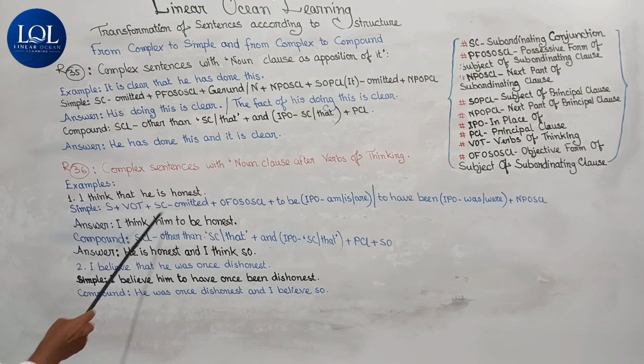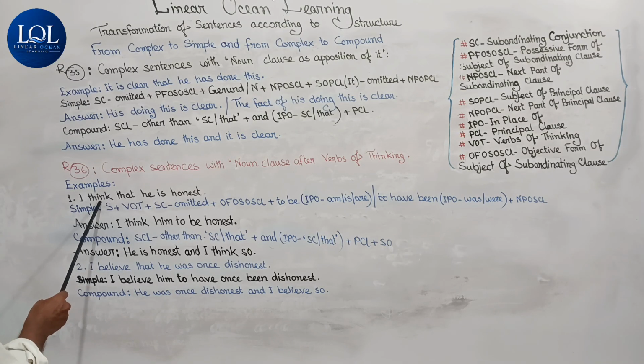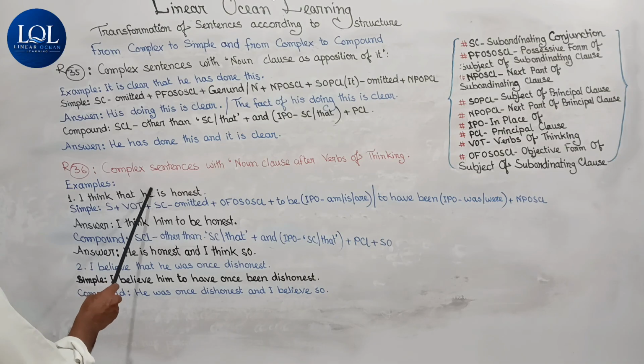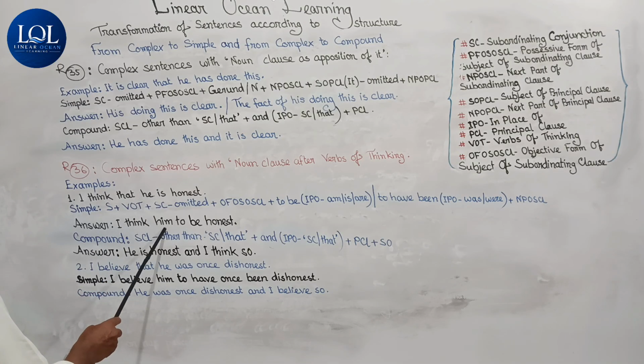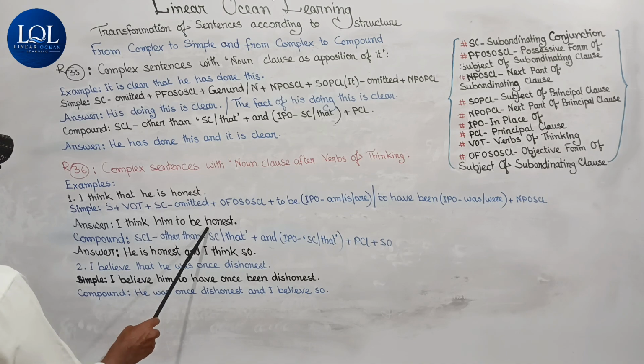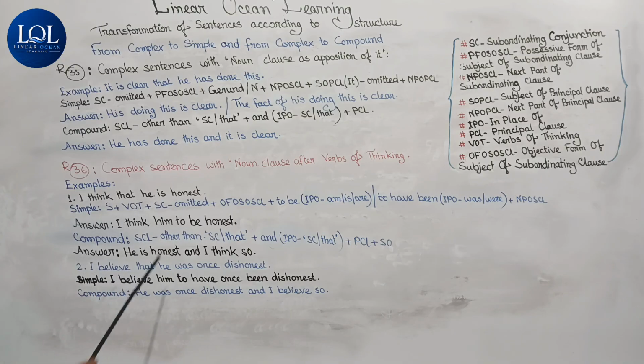Now if we follow the structure, then the sentence we are getting is: I think, verbs of thinking, think, then that omitted, and the objective form of the subject of the subordinating clause is he, him. Then in place of is, it will be to be. Then the next part of the subordinating clause, honest. I think that he is honest, and then its simple one is I think him to be honest. A simple one is I think him to be honest.